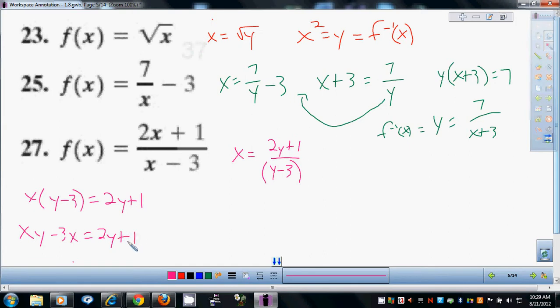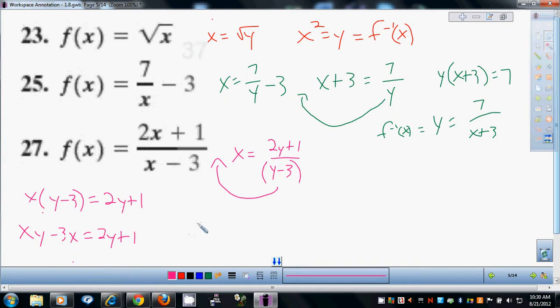Now we want to put the y's on one side and the non-y's on the other side. Yes, ma'am. So, you get where this came from? Okay, so we just multiplied this over. That's where this came from. Then I just distributed and got this.